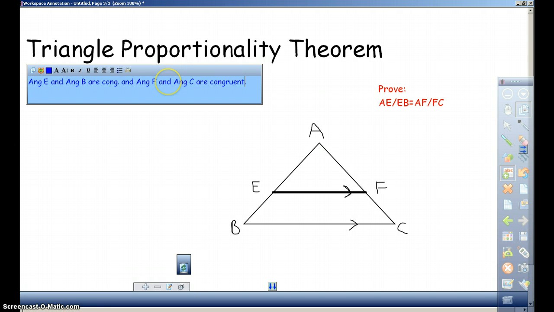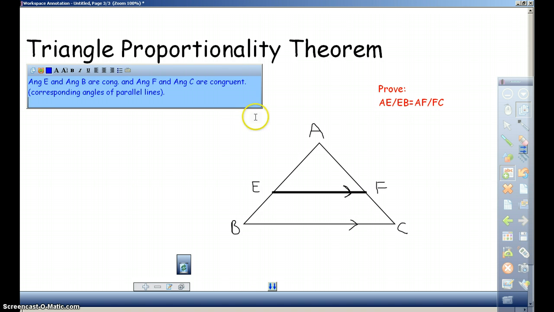And what's the reason for that? We just said it, because they are corresponding angles of parallel lines, right? That's our reason. They're corresponding angles of parallel lines, and that's why they're congruent, okay?